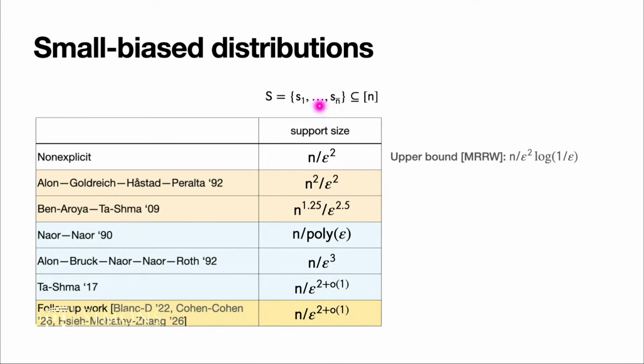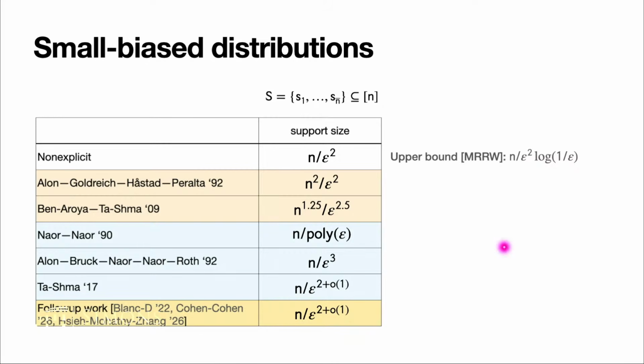So what's the smallest n bar we can hope for, again, in terms of n and epsilon? So non-explicit, it's n over epsilon squared. That's the probabilistic method. And it almost matches the upper bound that we have. Lower bound, sorry, it's like rate is upper bound, size lower bound.